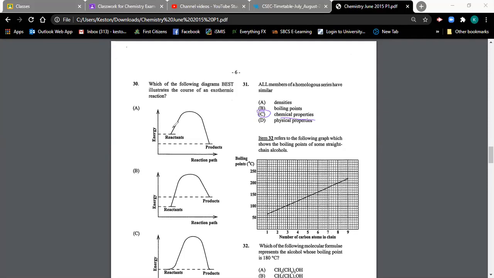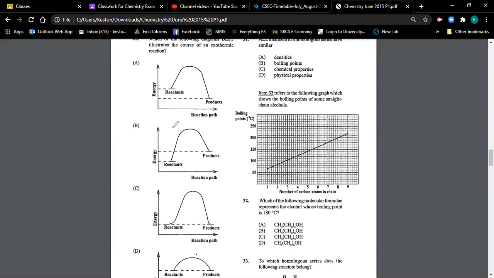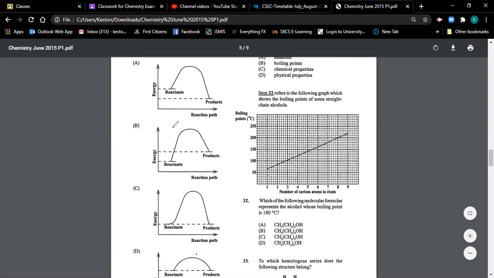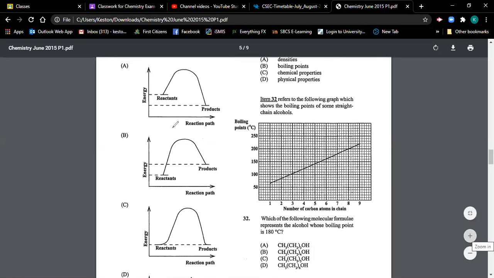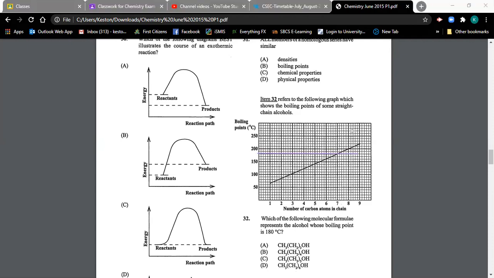32. Which of the following molecular formulas represents the alcohol whose boiling point is 180 degrees? Let me make this a little bigger. So there are 5 blocks. So that's 10, 60, 70, 80, 90, 200. 60, 70, 80 will be here. 80 will be right there.